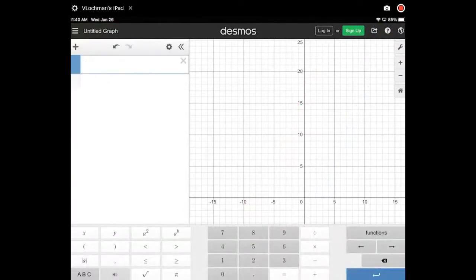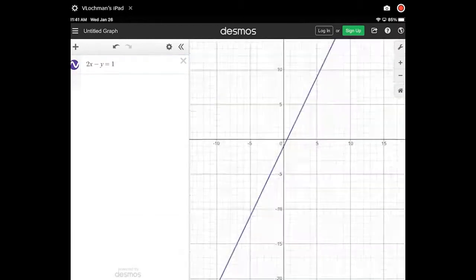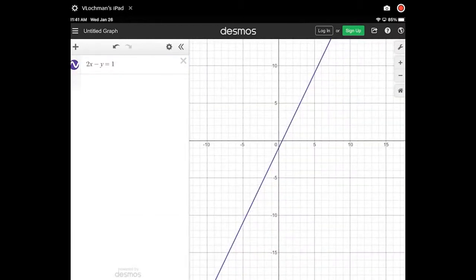So what is the equation of my original line? That would be 2x minus y is equal to 1. A nice thing about Desmos, you can type in an equation in any way. In the calculator, you have to type it in as y is equal to something, right? So you don't have to worry about it with Desmos. Just type it in as is.